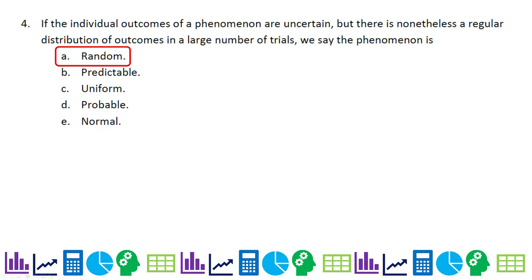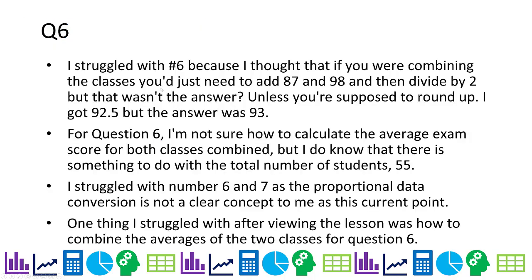Now, we don't tend to say it's uniform. You could say rolling a die is actually a regular distribution of outcomes in a large number of trials, if we wanted to say it was uniform. But maybe we don't really define what a regular distribution is. But what we do know is that we can't predict the outcome. And that's the main thing. That's the definition for random.